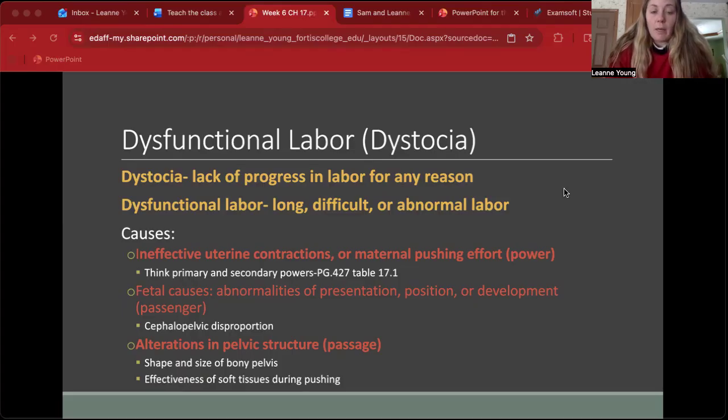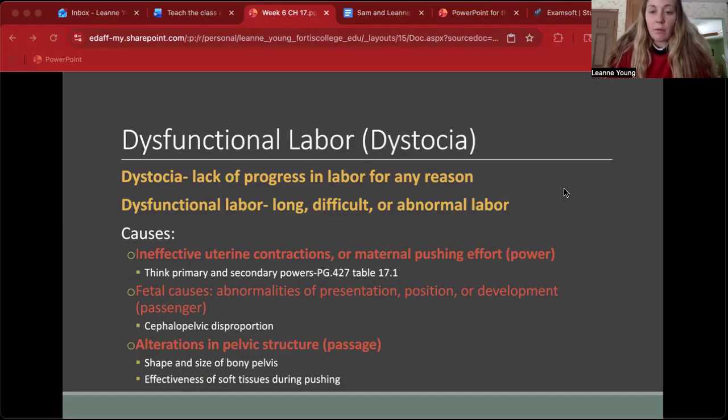Fetal causes would be abnormalities of presentation, position, or development. Think about our passenger. So this is why when we talk about dystocia or dysfunctional labor, we go back all the way to our 5 Ps of labor. Okay. So that's why we teach you about those. One big thing is cephalopelvic disproportion. Is that baby's head not fitting correctly in the mom's pelvis?